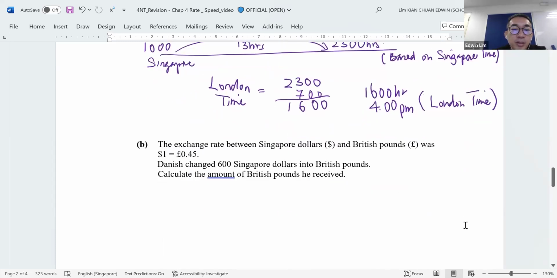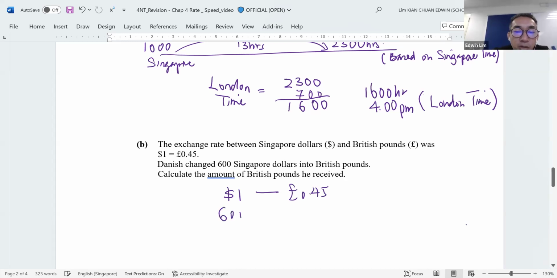8. Exchange rate again. The exchange rate between Singapore dollars and British pounds was $1 equals 0.45 British pound. Danish changed 600 Singapore dollars into British pounds. Calculate the amount of British pounds he will receive. Singapore dollars first, because it's going to change Singapore dollars 600. British pound, 0.45.